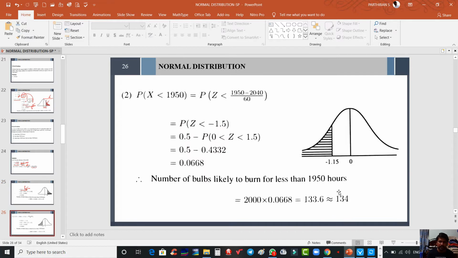To calculate the second sub question, probability of X less than 1950, simply substitute 1950 in place of X. Therefore we get probability of Z less than minus 1.5.